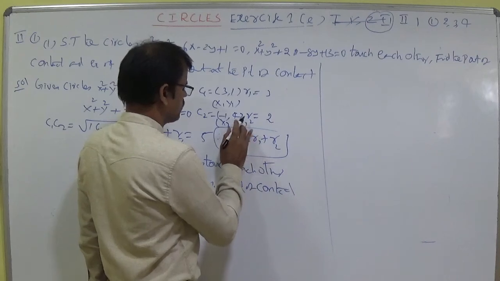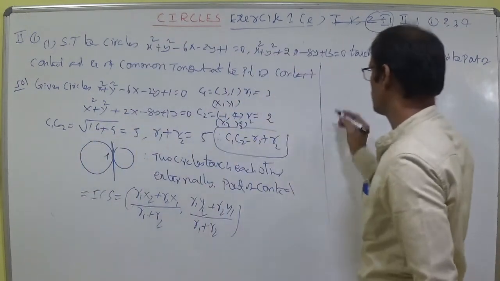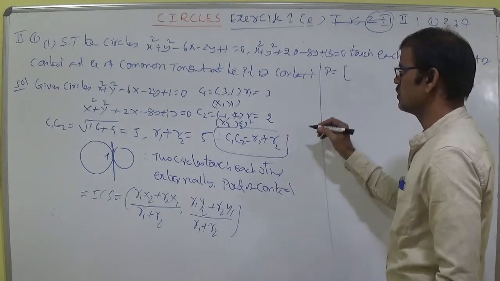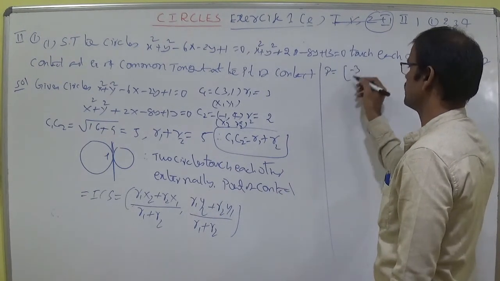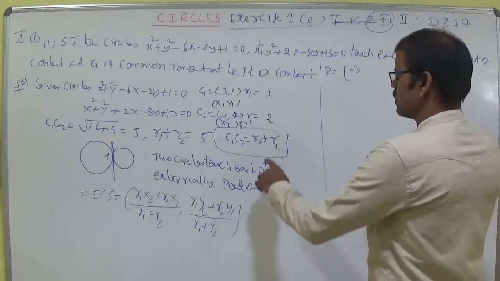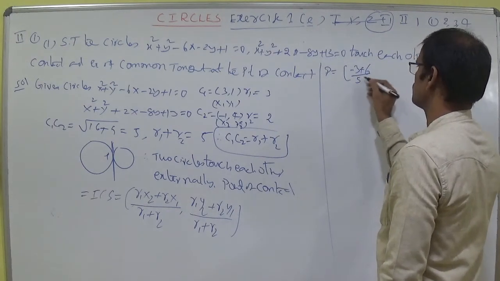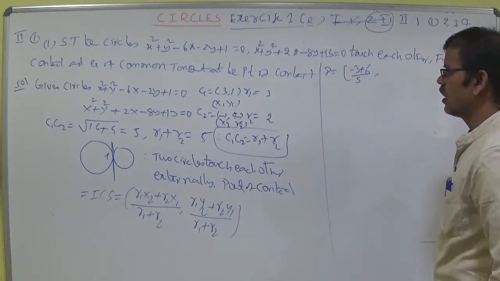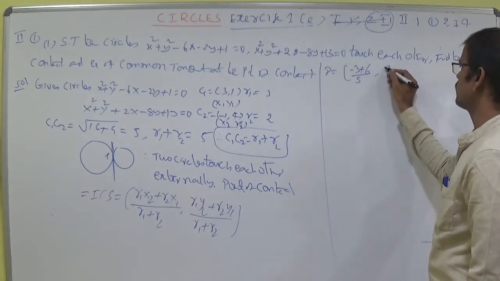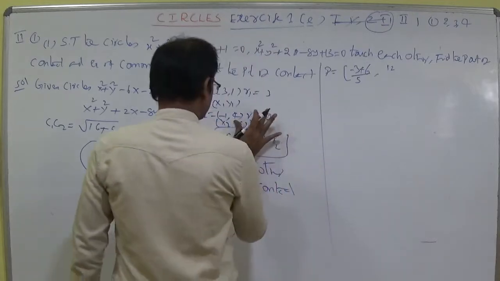Using the formula, the point of contact P is equal to R1x2, so it is 3 into minus 1, plus R2x1, R2 means 2, 2 into 3, so it is 6, by R1 plus R2, so it is 5. R1y2, so 3 into 4, 12.